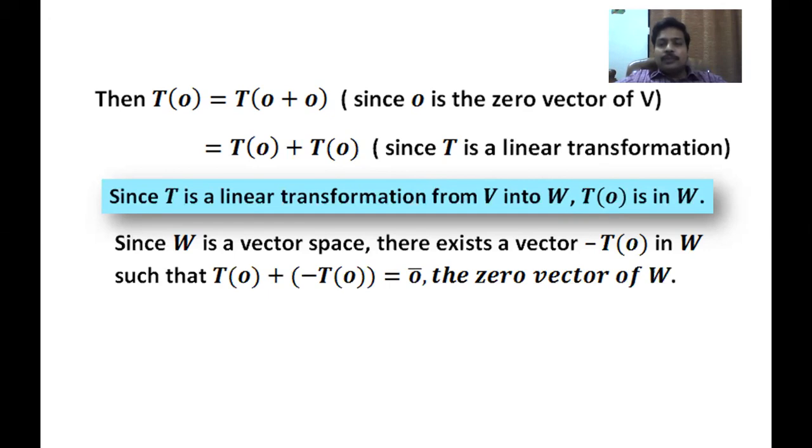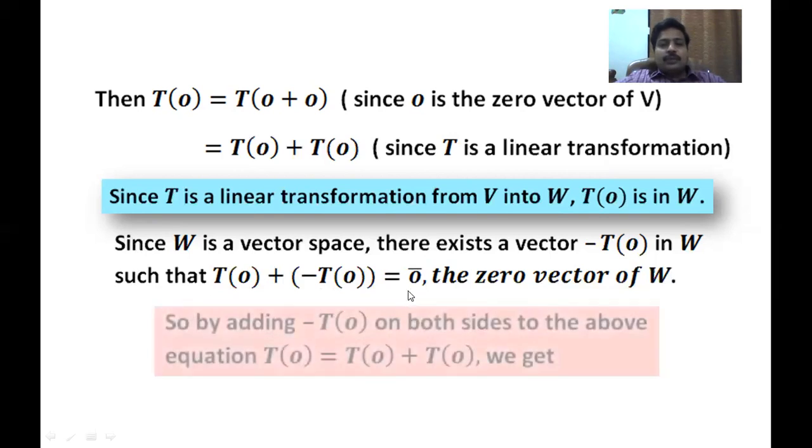Since W is a vector space, all the 10 axioms hold in W. This is one of the axioms: for each vector u, there is a negative minus u such that u plus minus u is zero. Similarly, here for T of O, there exists minus T of O, such that T of O plus minus T of O is equal to the 0 vector of W.